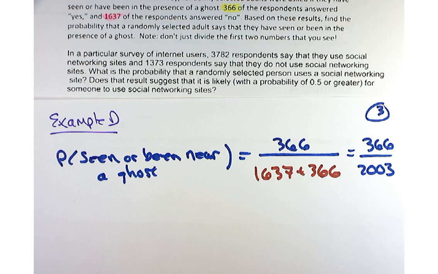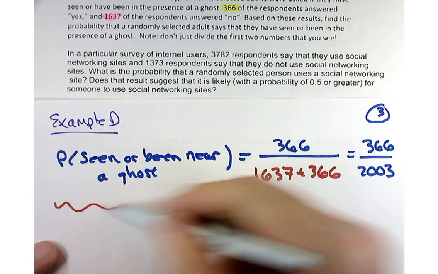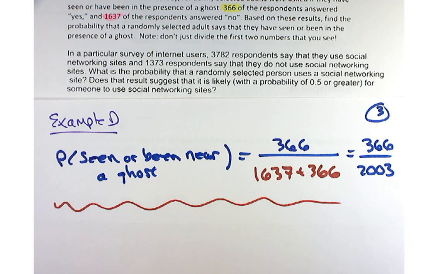Let's take a look at the second part. So, in a particular survey of internet users, 3,782 respondents say that they use social networking sites, and 1,373 respondents said that they do not. What's the probability that a randomly selected person uses a social networking site?